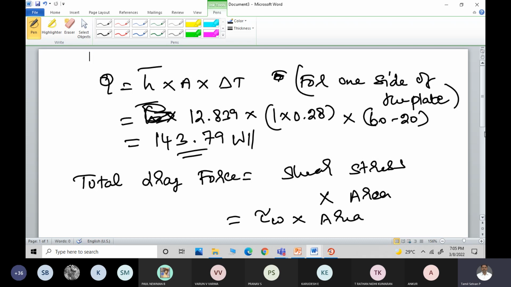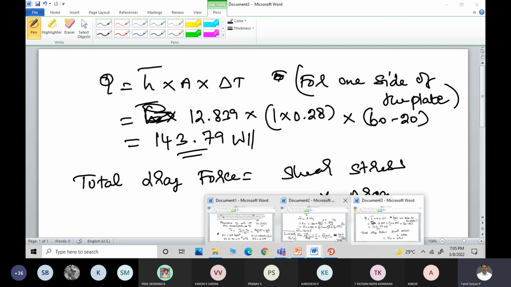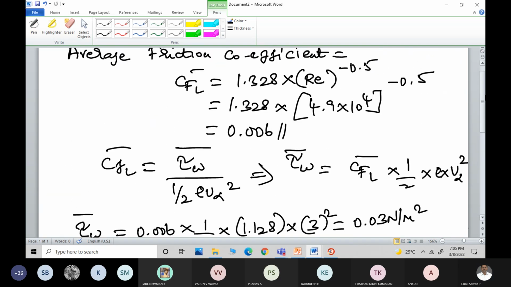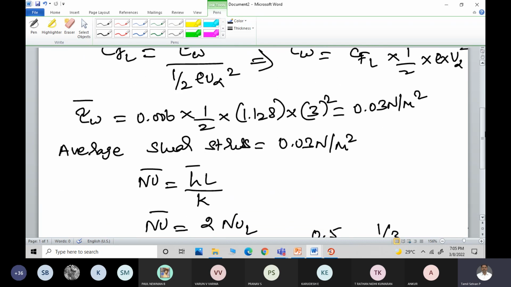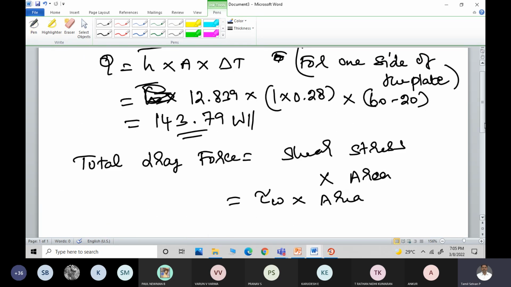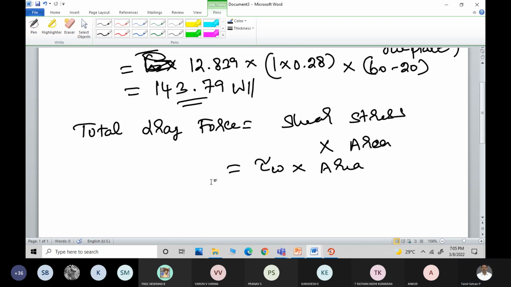So now we know the tau W. We have found it in the first slide. What is tau W? Tau W is 0.03 Newton per meter squared. See, you have to do it faster, ma. Into area, 1 into 0.28.